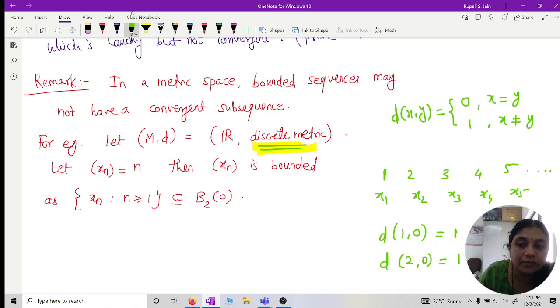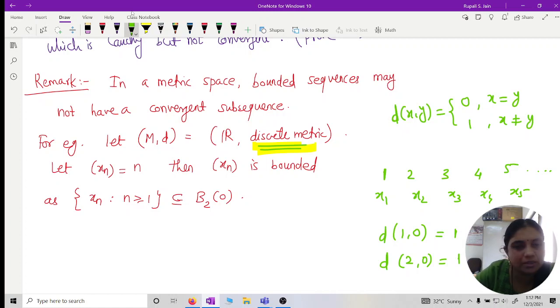It is 1, which is less than 2. So it is contained in B(0, 2). Every element is a member of this set B(0, 2), right? So this xn is a bounded sequence, but it does not have a convergent subsequence.